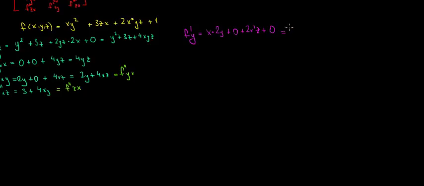So as a result we have 2xy plus 2x squared times z. And that was just the first derivative with respect to y. Now, based on this, we can find out the derivative with respect to y and then with respect to x.